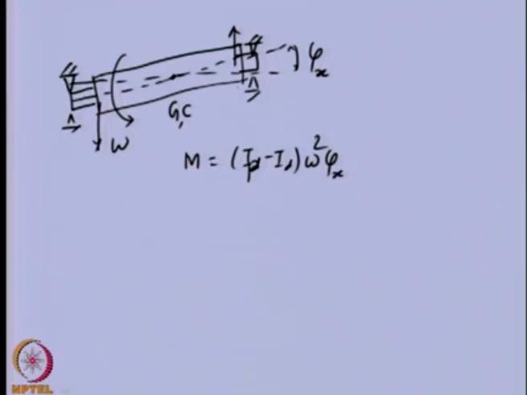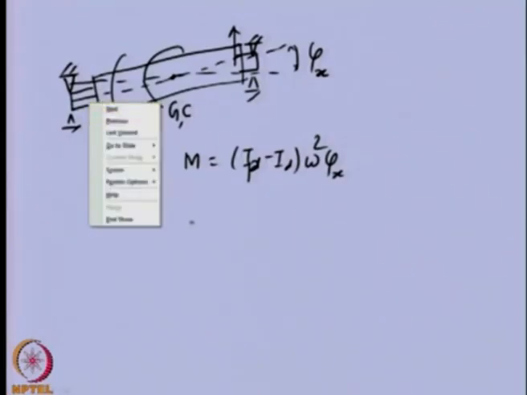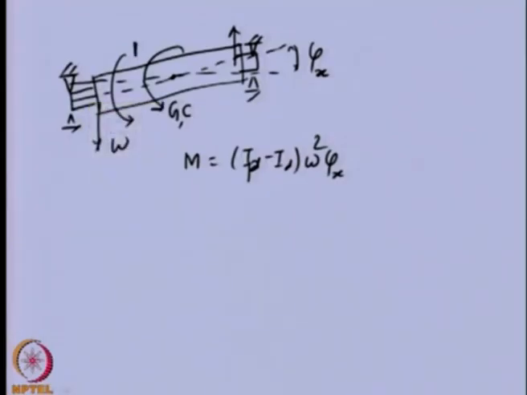And for this particular case, because now a moment is acting onto the rotor, we require two planes to balance this rotor.